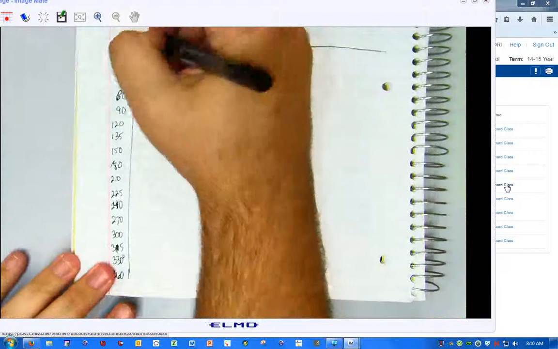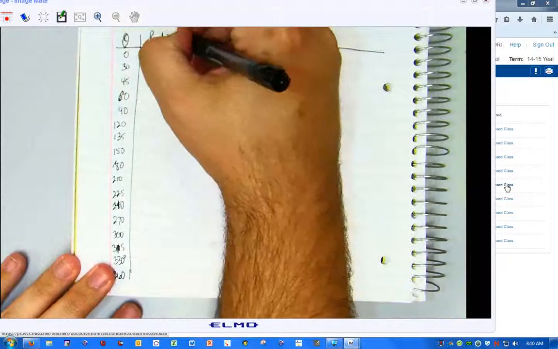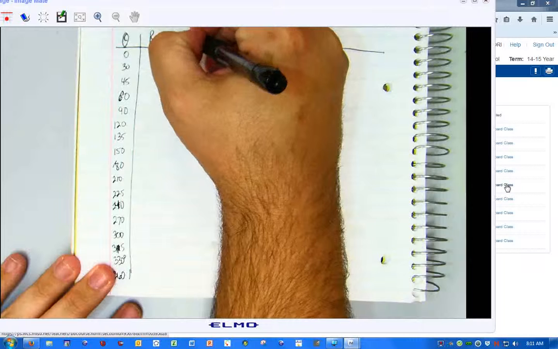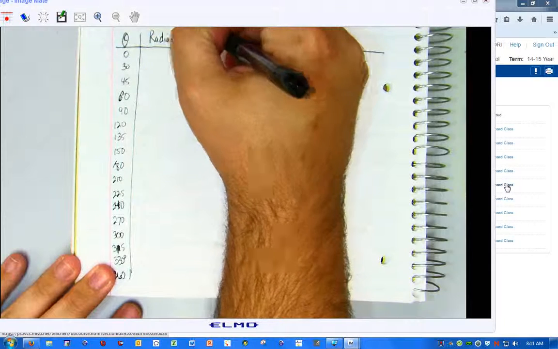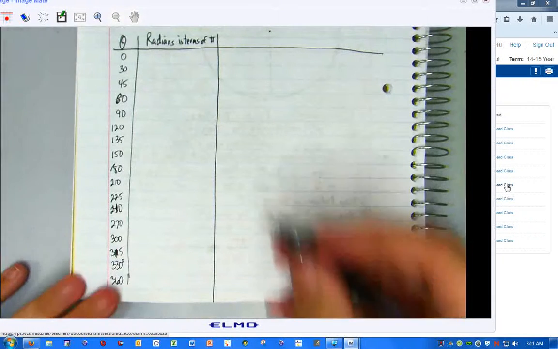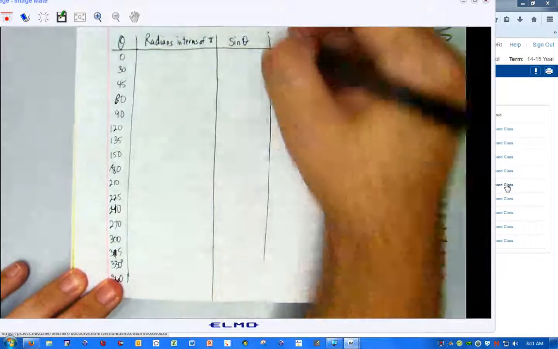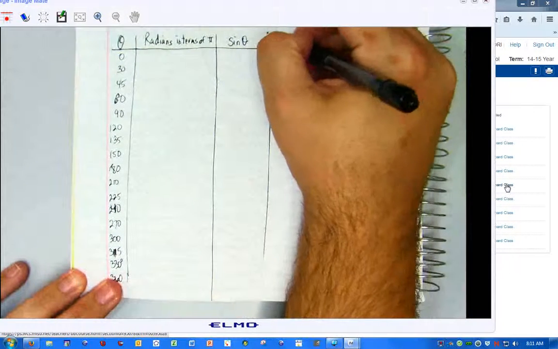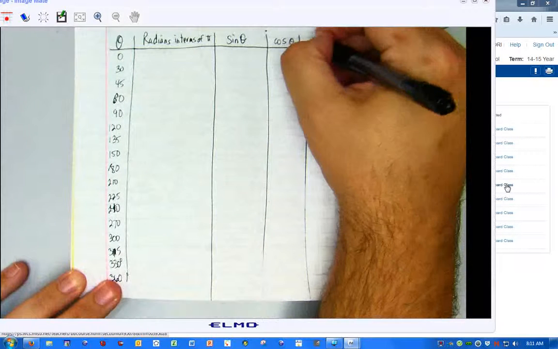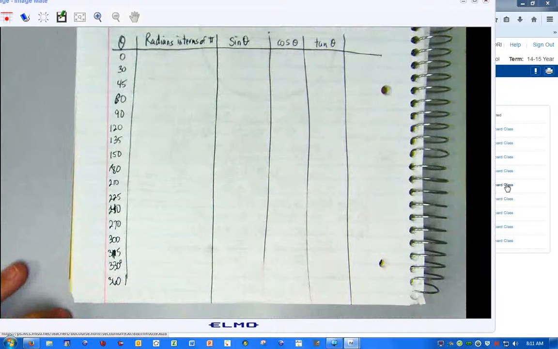And here's what you're going to do. You're going to come up with radians in terms of pi. And then I want a sine theta, a cosine theta, and a tangent of theta. Just the big three.